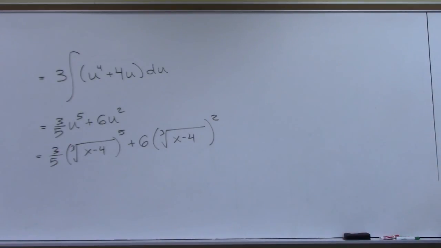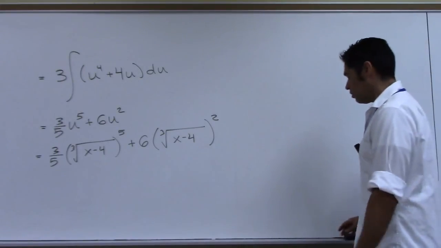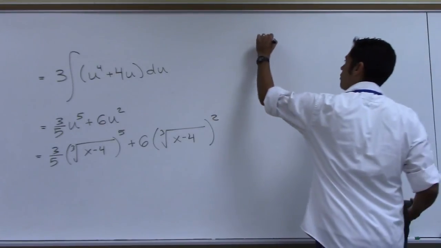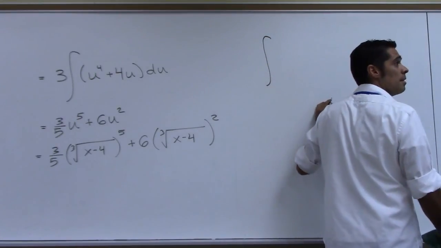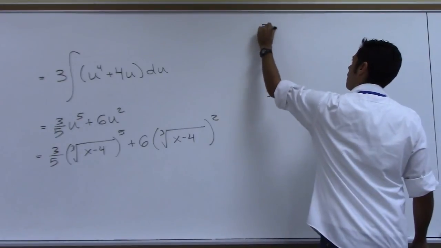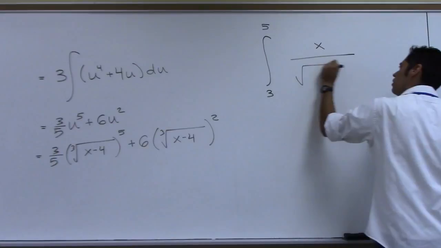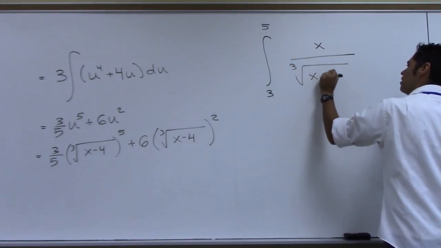All righty. So now let's go back and look at that integral that we had, and let's address some issues that we had with it. The integral from 3 to 5 of x over the cube root of x minus 4 dx.